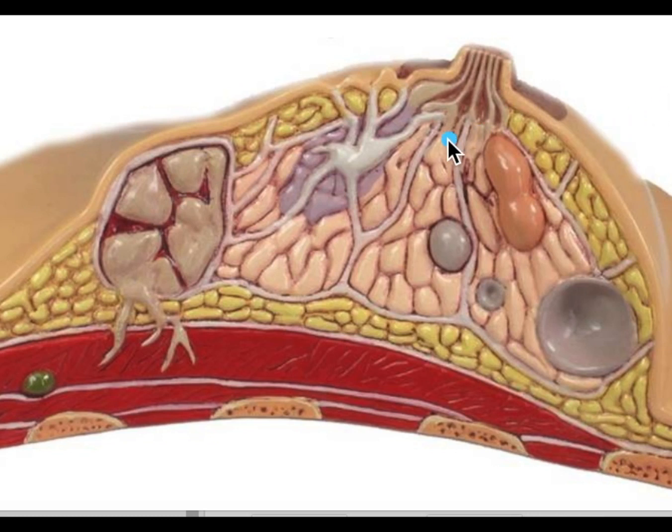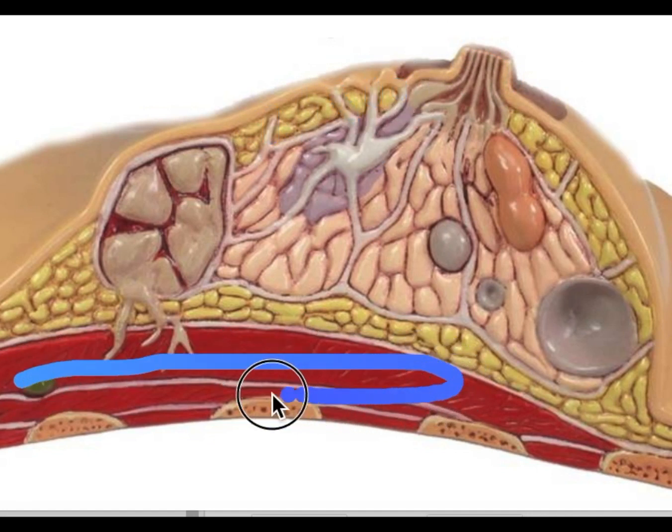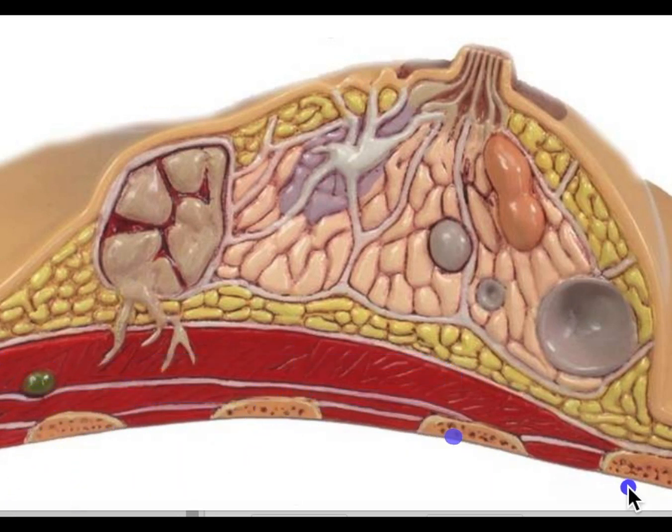But what we can see here, we can see the different lobes and the lobules. We can see the areola out here on the outside, and then the actual nipple here, and then the suspensory ligaments here, and then the pectoralis muscles underneath. And these are ribs here, and then the intercostal muscles between the ribs.